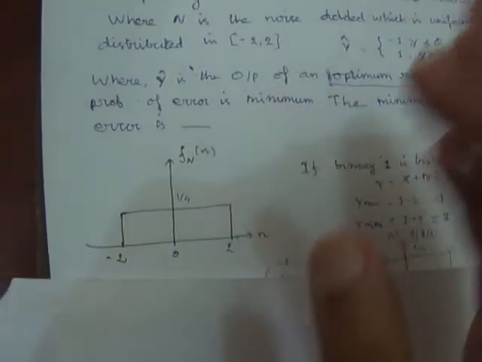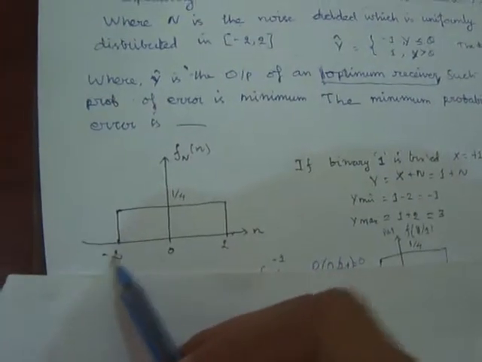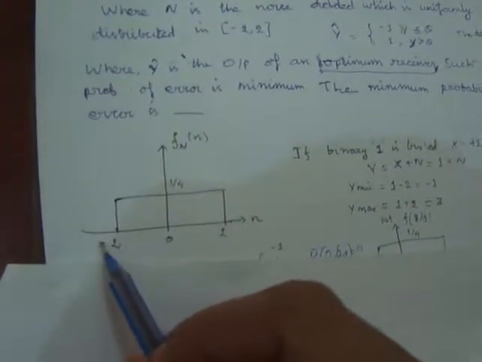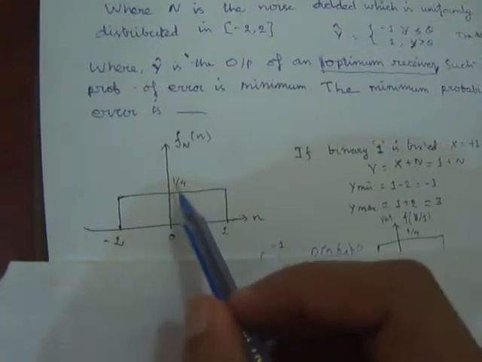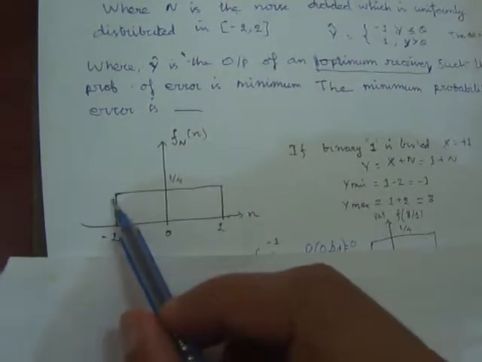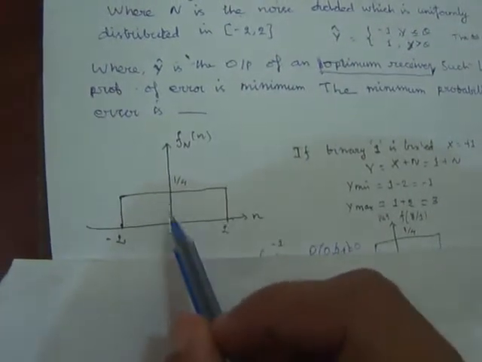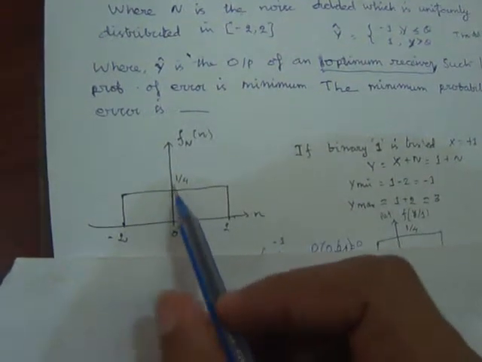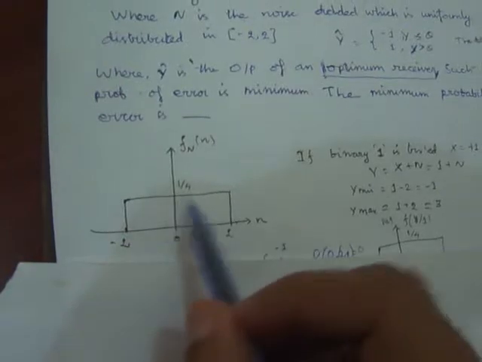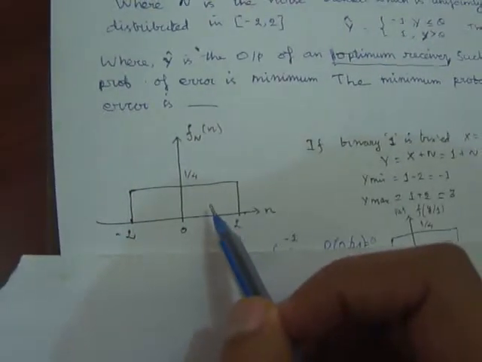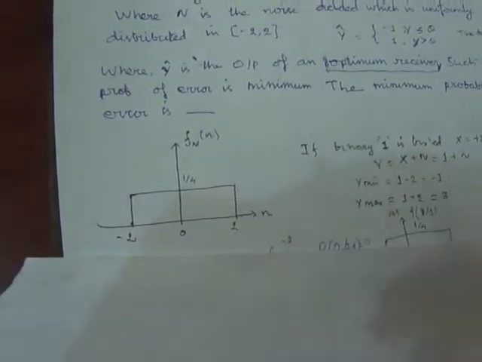So the noise density function is uniformly distributed from -2 to 2, and to make the total area 1, we give the amplitude as 1/4. So the total area of the noise density will become 1.